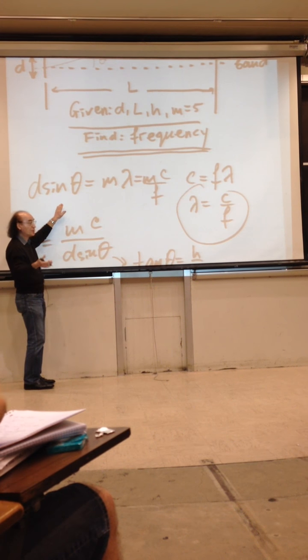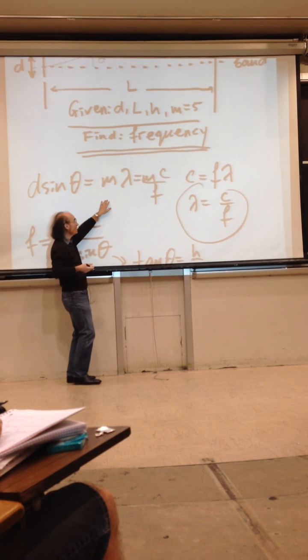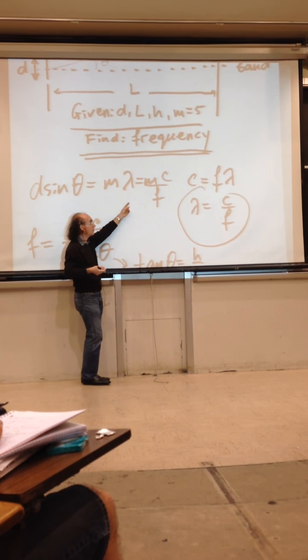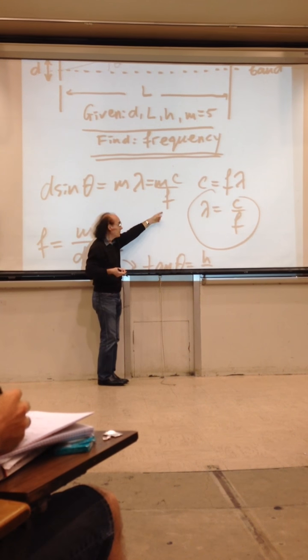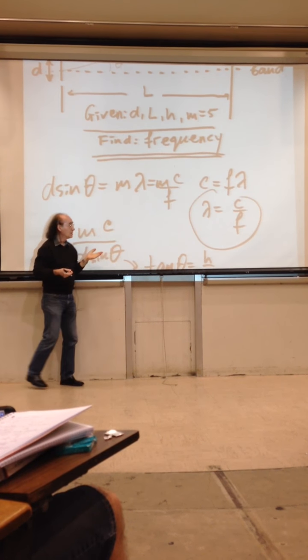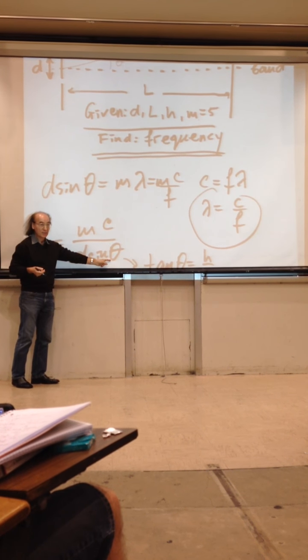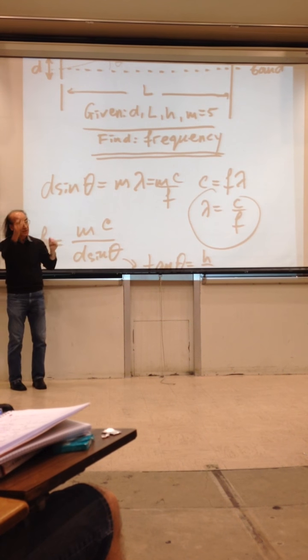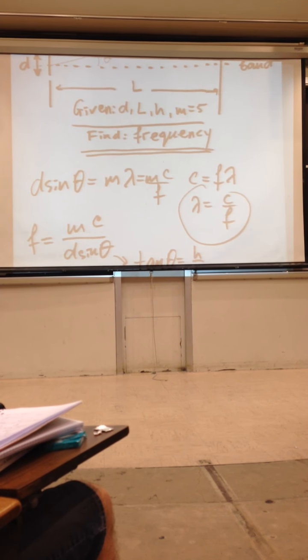This is the equation for constructive interference. You are looking for frequency, convert lambda to frequency, and then solve for frequency. When you solve, you find that you don't know the angle, but look at the problem again. The geometry is given, from which you can determine the angle.